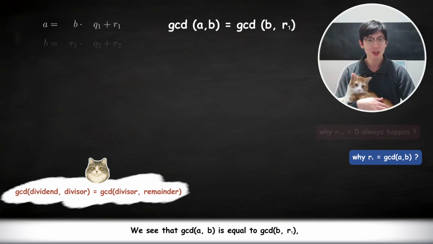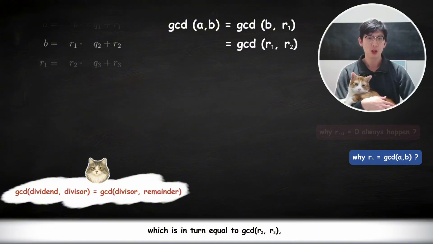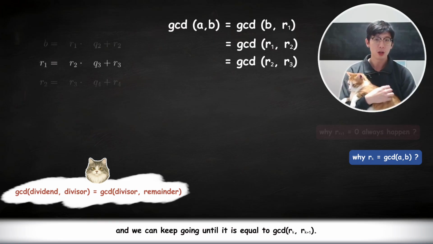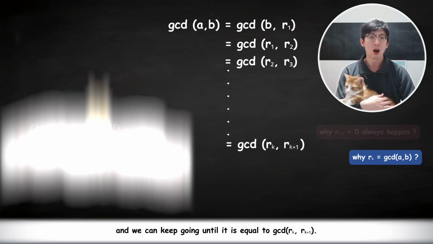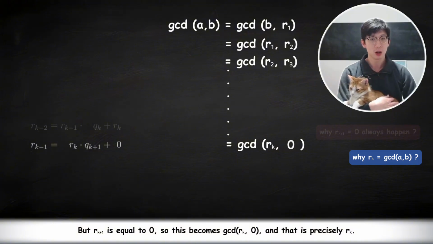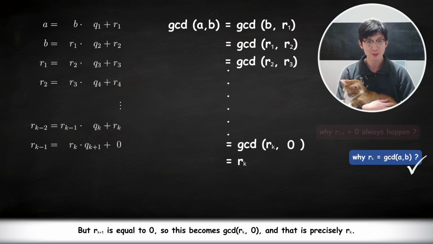We see that GCD(A, B) is equal to GCD(B, R1), which is in turn equal to GCD(R1, R2), which is in turn equal to GCD(R2, R3), and we can keep going until it is equal to GCD(r_k, r_{k+1}). But r_{k+1} is equal to 0, so this becomes GCD(r_k, 0), and that is precisely r_k.